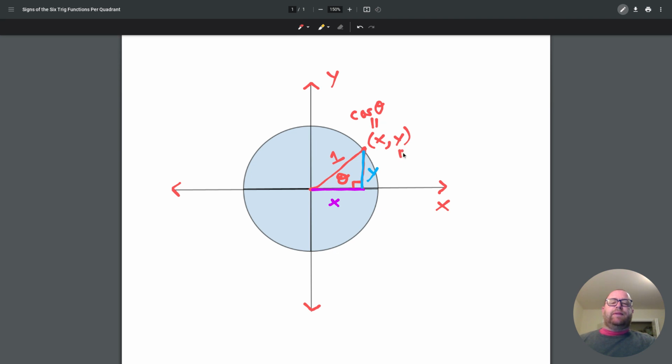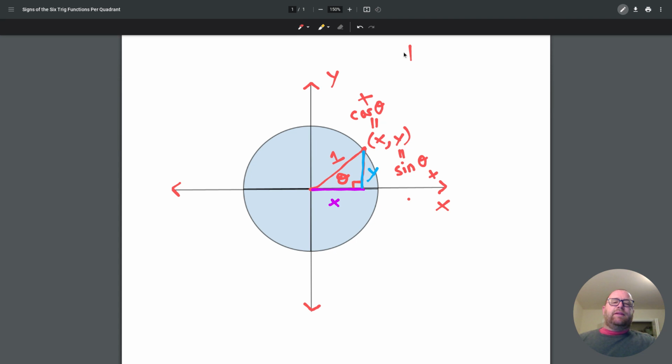Y, if we look at the sine of theta, it's the opposite side, y over 1. So y equals the sine of theta. Okay, so now we know that both of those are positive because both x and y are positive.